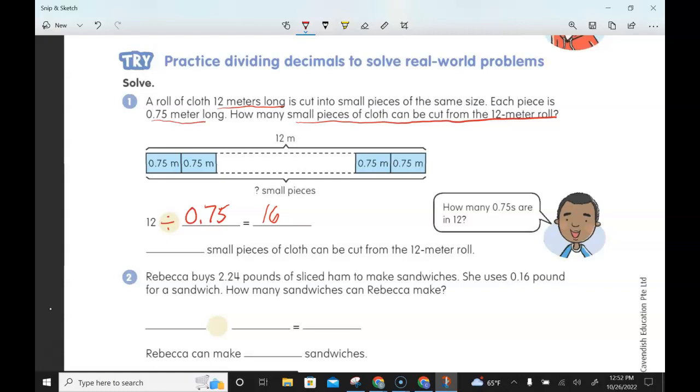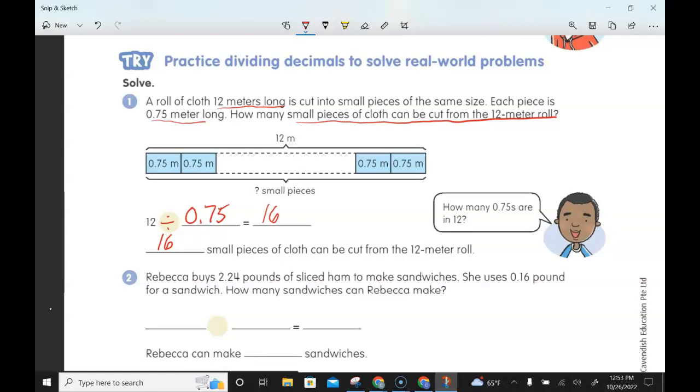Okay, so we need to make sure the 12 meters is divided by 75 hundredths versus the 75 hundredths divided by 12 meters. Because if you have 75 hundredths divided by 12 meters, that's going to give you 625 10,000ths of a piece, which does not make sense. So it's important that your problems make sense here. So it's going to be 16 small pieces there.